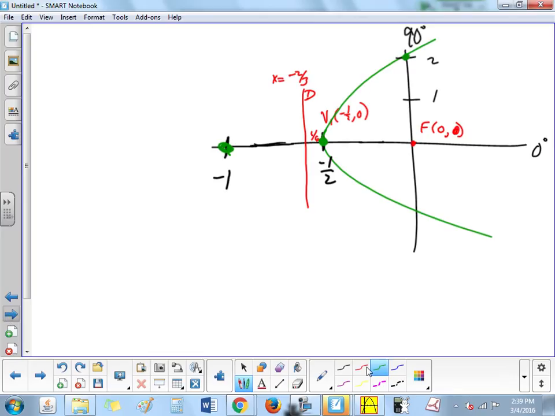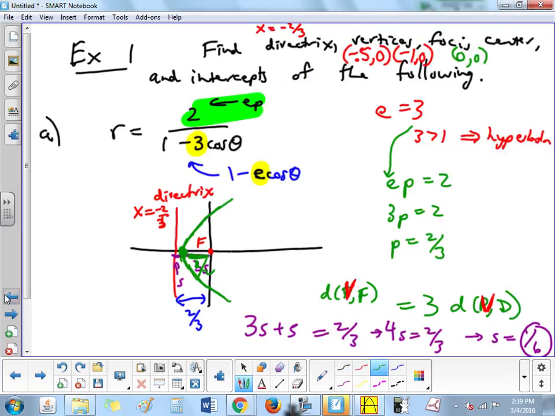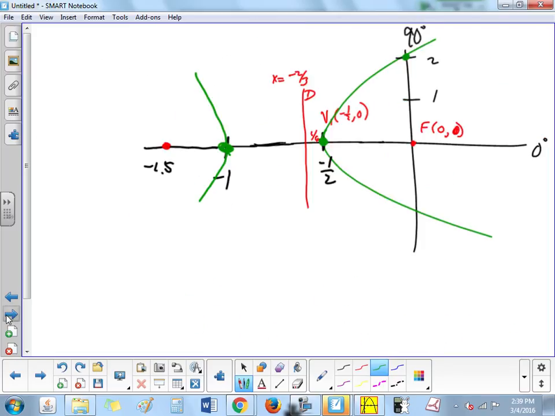So I'll draw the foci in red. They're not really part of the graph, you know. So our other focus is over here at -1.5. Okay, so going back and titling this, we have foci at 0, 0 and -1.5, 0. It should be pretty easy for you to find the center.